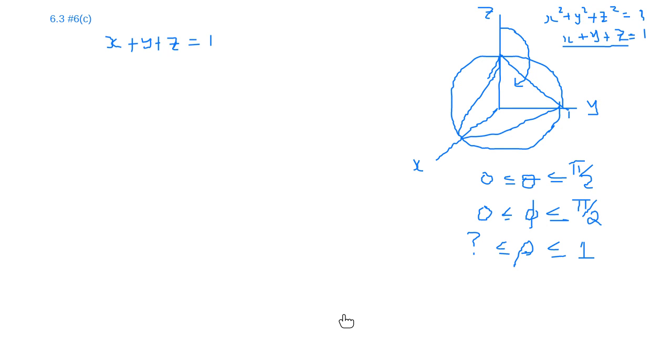So you're going to substitute all the values for the spherical coordinates here. You will find that you have rho as a common factor. Left here will be something like this: sine of phi cos theta plus sine of phi sine theta plus cos phi.